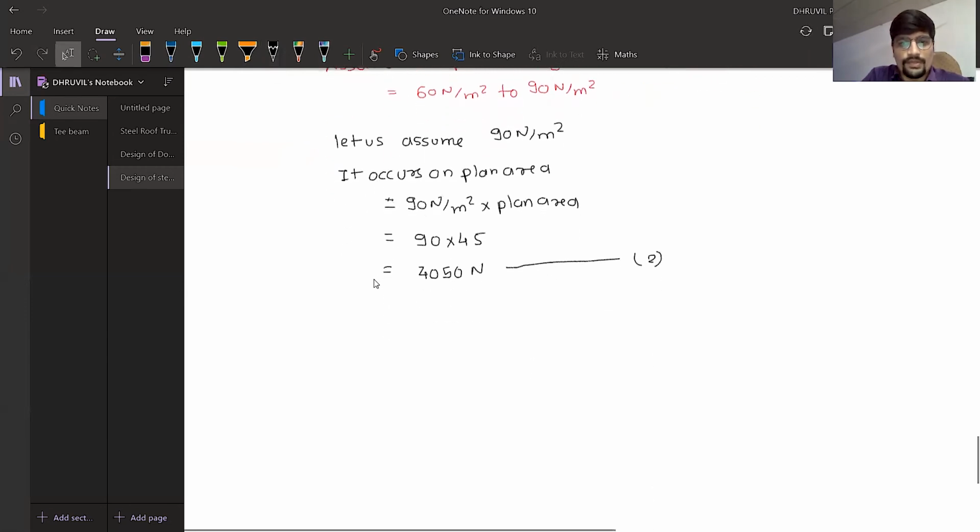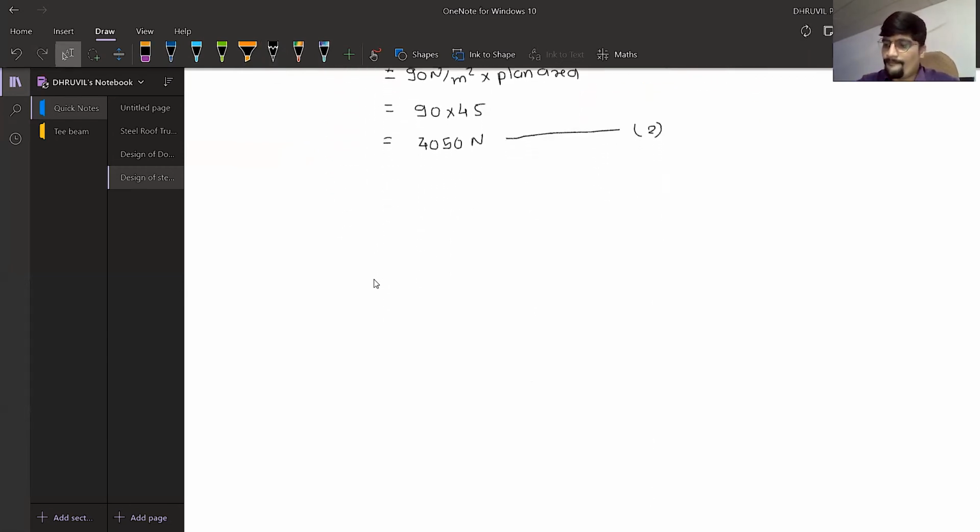Now moving forward to the third one. The sub load of the third is due to span: dead load on roof truss due to span. It means as the span increases, the value of dead load also increases.